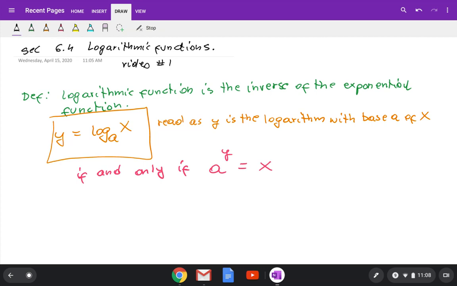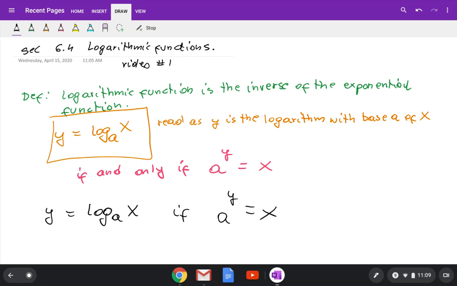Let me just rewrite that. y equals log base a of x if and only if a, which is the base, to the power of y will give you x.